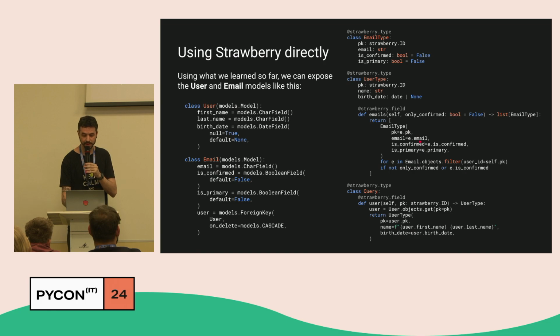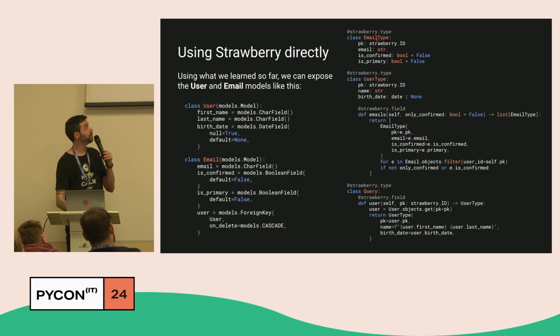This is the user's primary key, it's not the email's primary key. So when I'm returning the emails here, I am just doing an email.objects.filter to get the user emails, and I'll also instantiate the email type. And this is going to return a list.